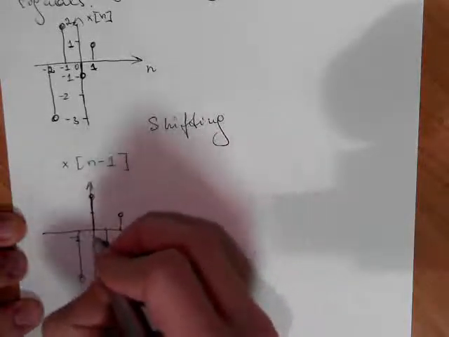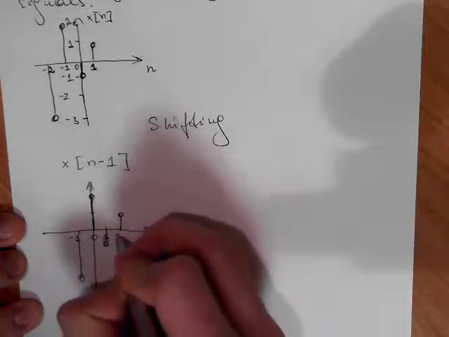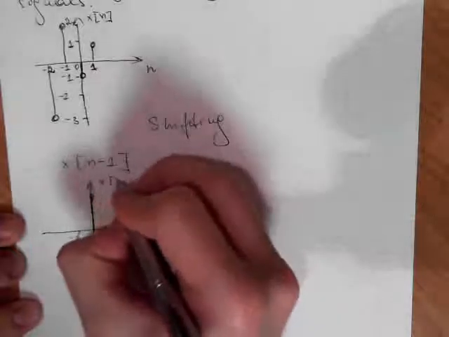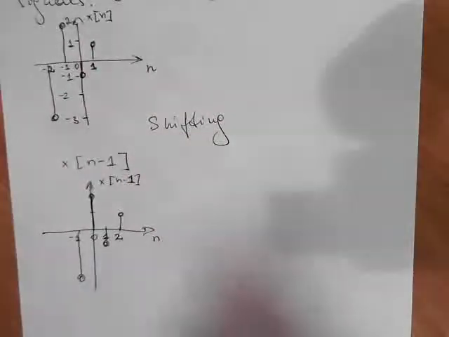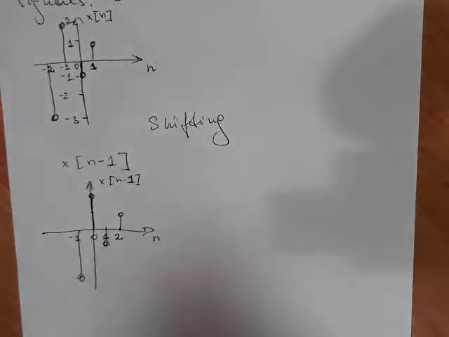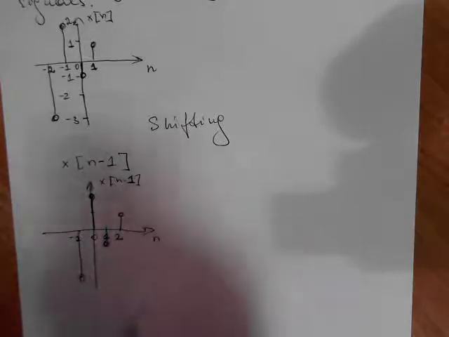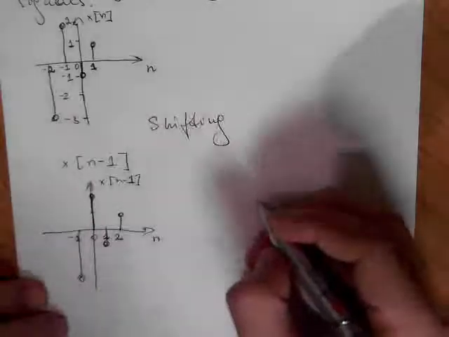This is -1, this is 0, this is 1, this is 2. This is an x-axis, so this is n, this is x n minus 1. We don't really need to specify the y value, so I'm not writing them because it's mostly important in x.